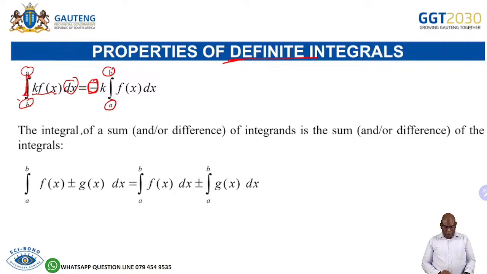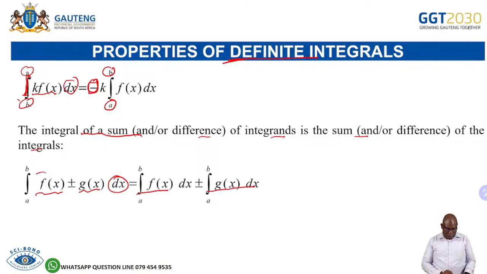The integral of the sum or difference of integrands is the sum or difference of the integrals. In other words, the integral of that plus or minus that, for dx, will be the same as the integral of that plus or minus the integral of that.